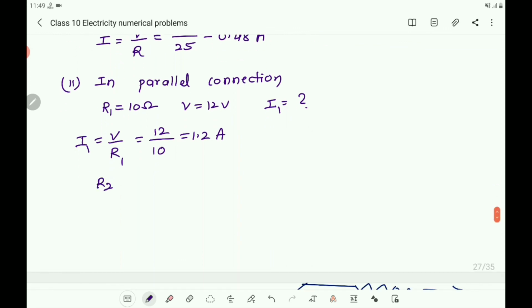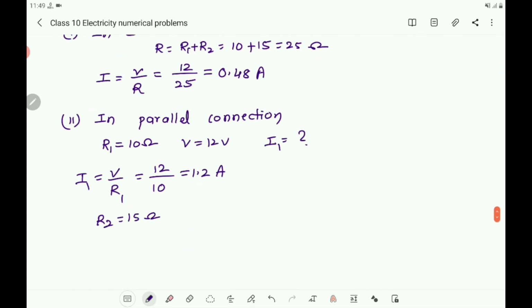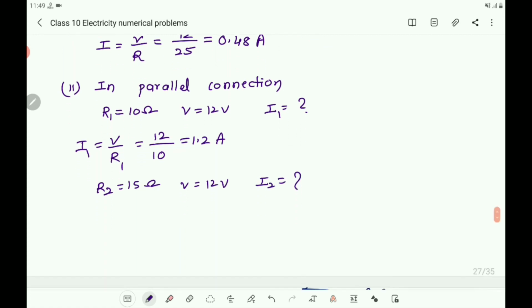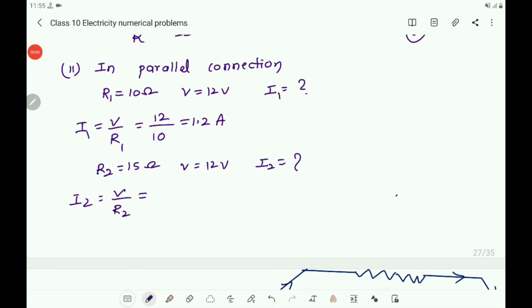And next you take R2. R2 equals 15 ohm. Then V is the same. So I2 equals V by R2. V is 12 and R2 is 15, that equals 12 by 15, which is 0.8.